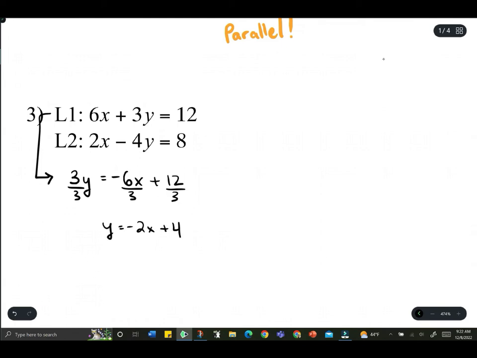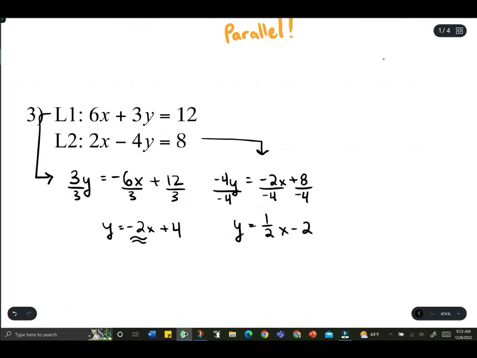So the slope we're concerned about is negative 2. Line 2: solving for y, negative 4y is equal to negative 2x plus 8. Going to divide by negative 4, and here we have y is equal to 1/2 x minus 2.